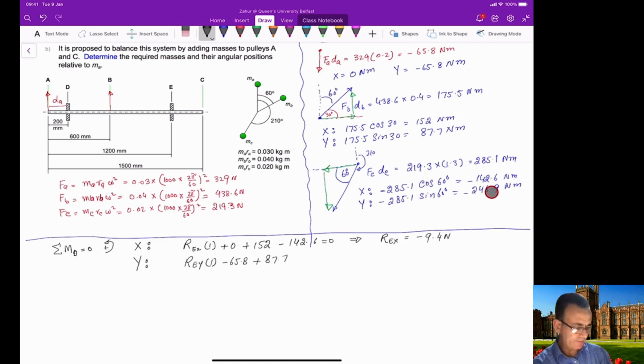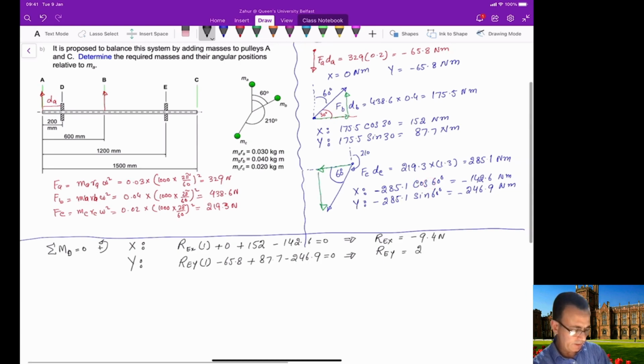And finally, this component here, minus 246.9. This should be equal to 0, which will provide you with R E y. The only unknown is R E y, so you can calculate it, and it should be equal to 225 Newton. Okay, so you managed to calculate R E x and R E y.